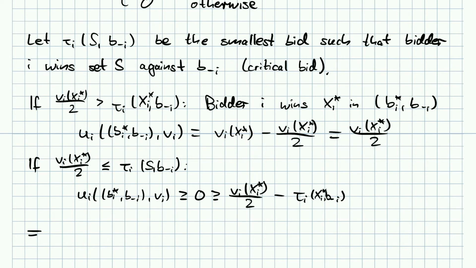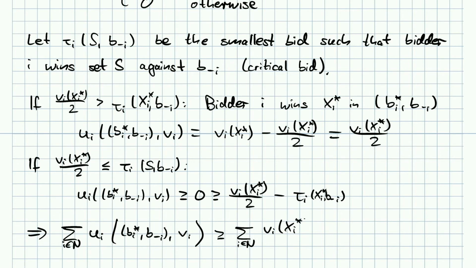so what we're getting is that if you now take the sum over all bidders, where bidder i is always deviating to bi star and the others keep playing, then this will be at least the sum over all bidders of vi of xi star divided by 2 minus the sum of these critical bids.